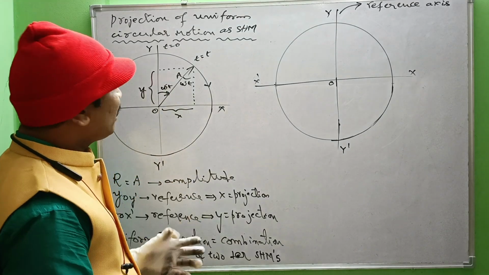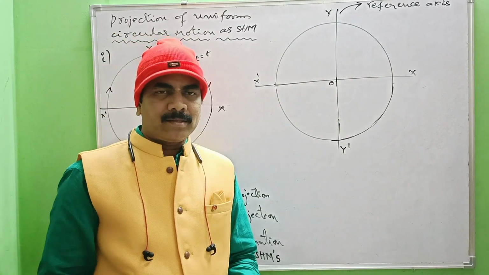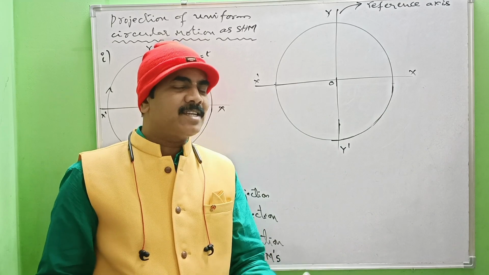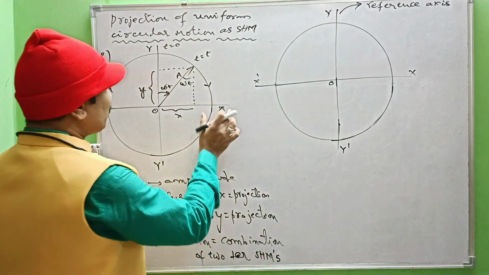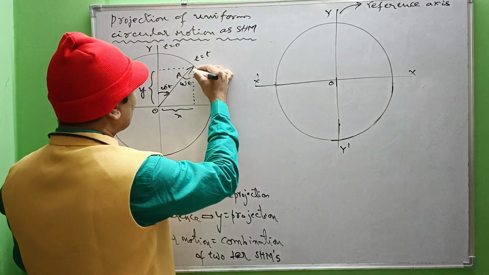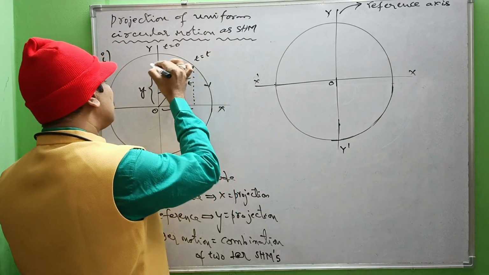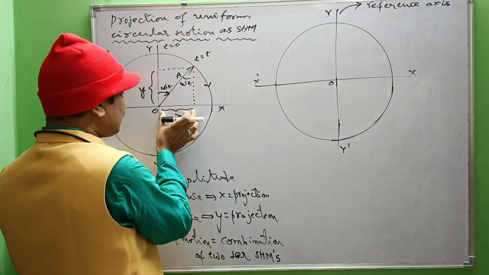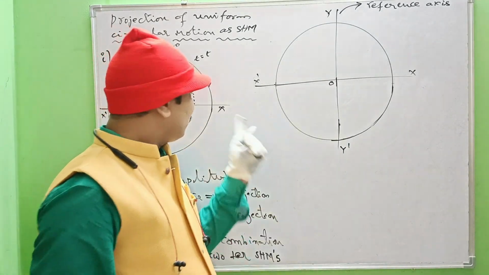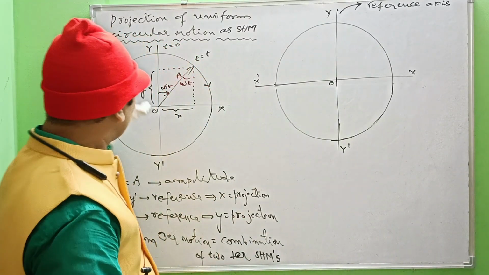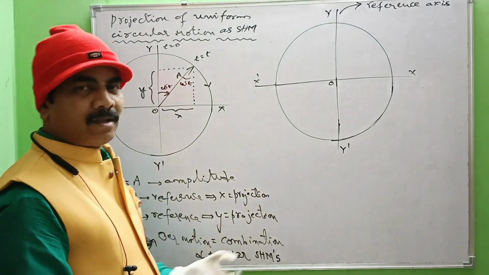So here I want to draw two normals onto the x and y axes respectively. This is the x axis. From the position of the particle, I drew one normal onto x and onto y also. So this intersection is the x projection on the x axis, and this intersection is the y projection on the y axis.